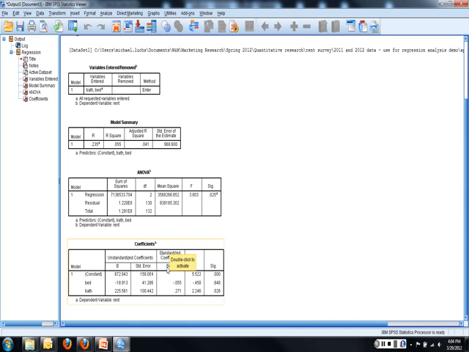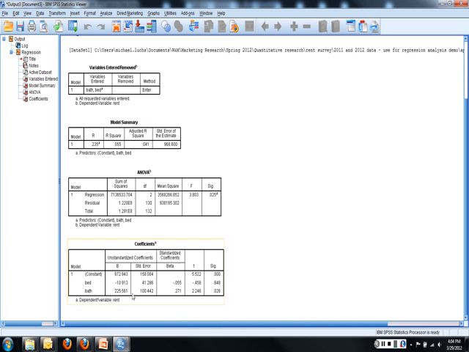So we have 2 different sets of coefficients here. We have these unstandardized coefficients, and we have these standardized coefficients, also called beta coefficients. We'll call these B coefficients, and these are beta coefficients. And they're used for different purposes. If you want to predict rent, then you want to use the unstandardized B coefficients.